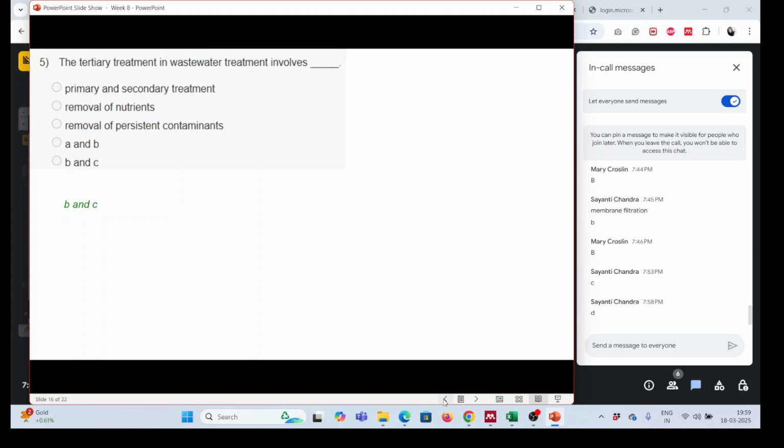So it is used for the removal of nutrients like we know earlier, like nitrate and phosphate, and it is used for the removal of persistent contaminants. The contaminants which are not removed in the conventional secondary treatment are removed in the tertiary treatment. So options B and C are correct.